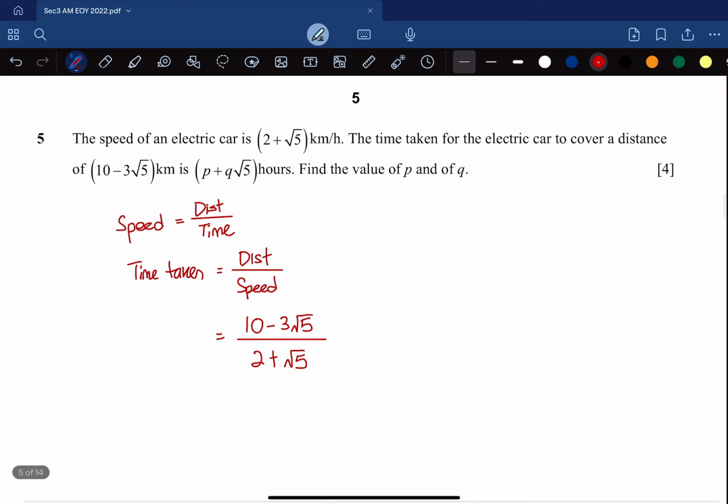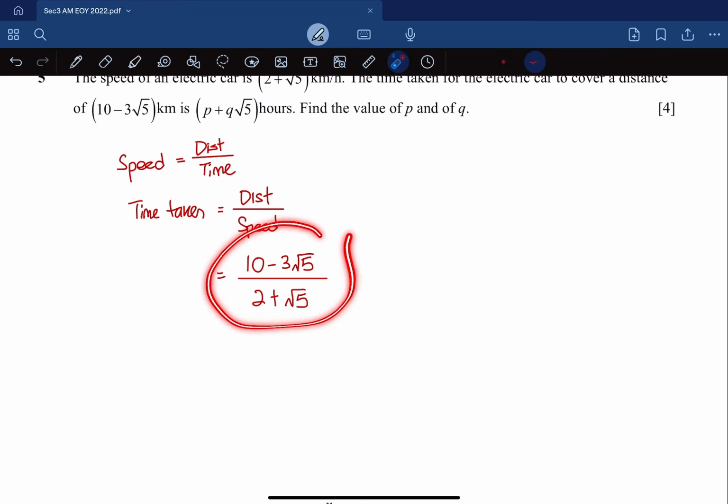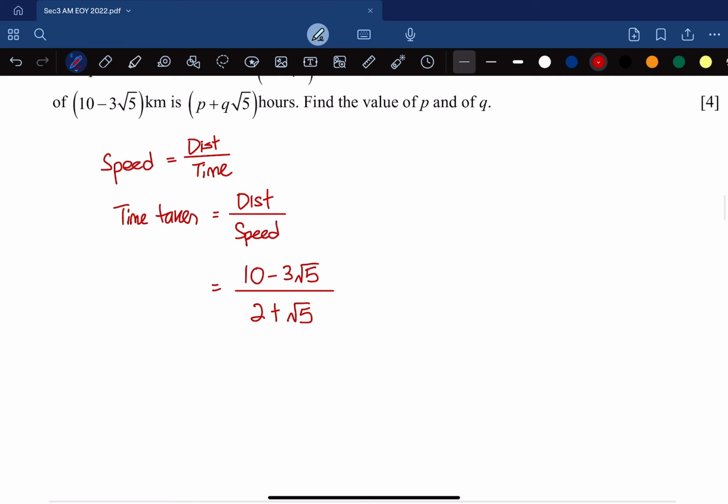Okay, so very simply, how to simplify this fraction? We see a surd in the denominator, so we can rationalize it by multiplying by the conjugate, 2 minus root 5 over 2 minus root 5. Then we can simplify from here.